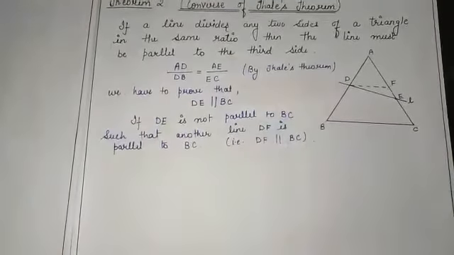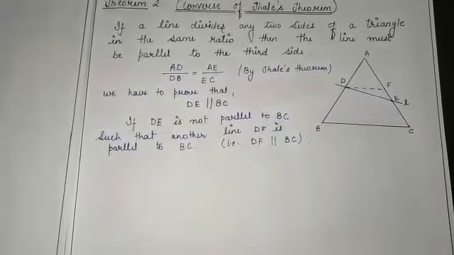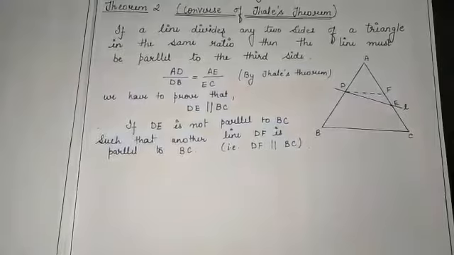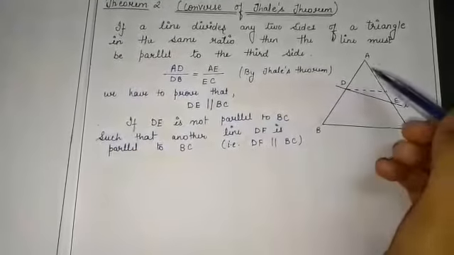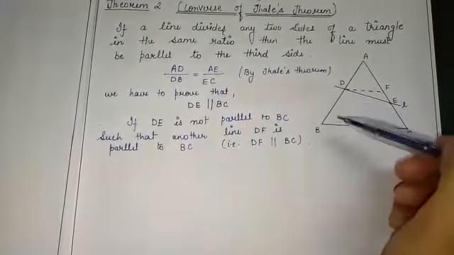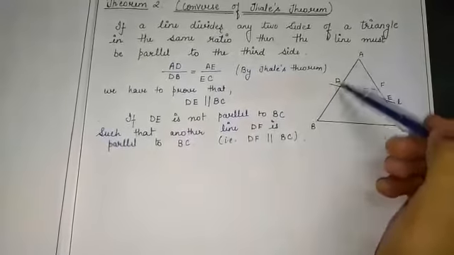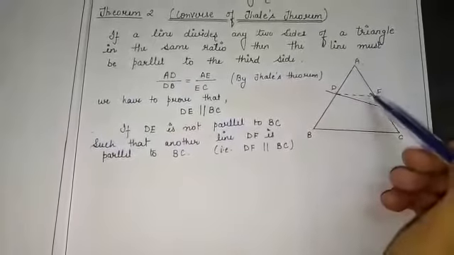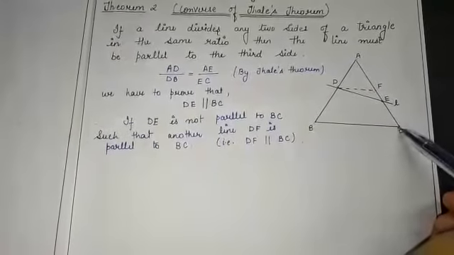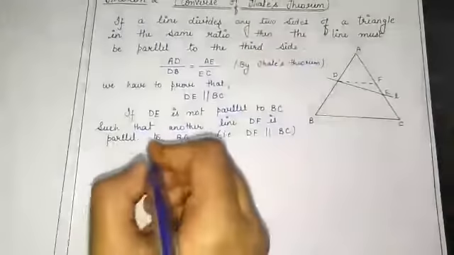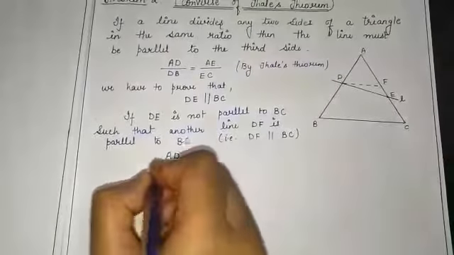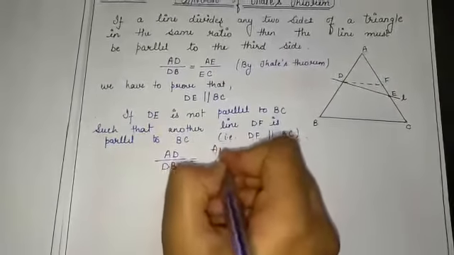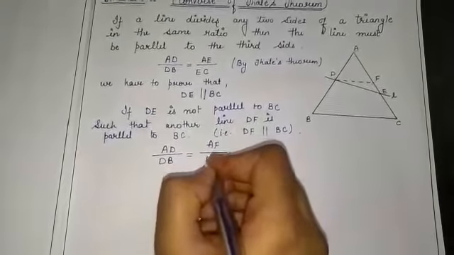Then by Thales theorem, if a line is parallel to the base, then the ratio between the sides is equal. That is, AD upon DB is equal to AF upon FC.